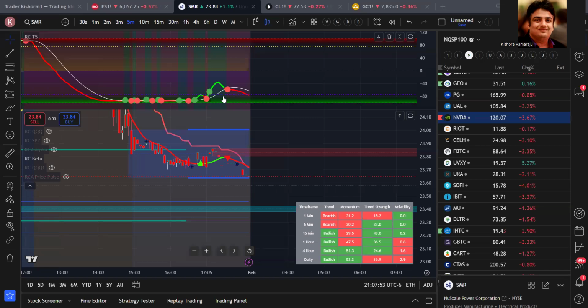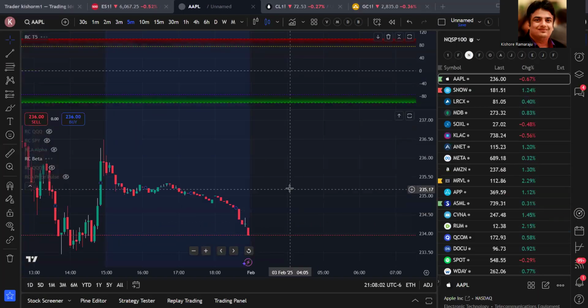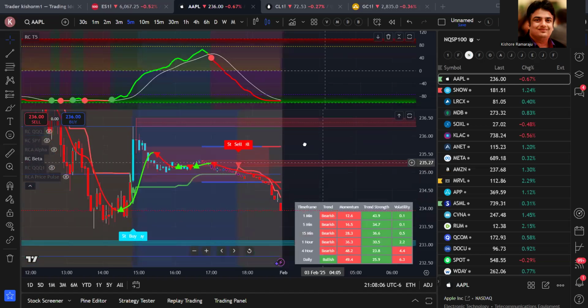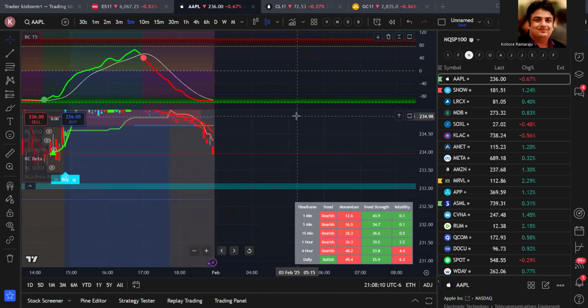Apple. Three indicator plan will come with any three indicators. Five indicator plan will come with any five indicators. You can choose whichever indicators you like. Right? Apple can come all the way to 233 and then there can be a strong bounce. There is a very strong support at 233. It came all the way down.